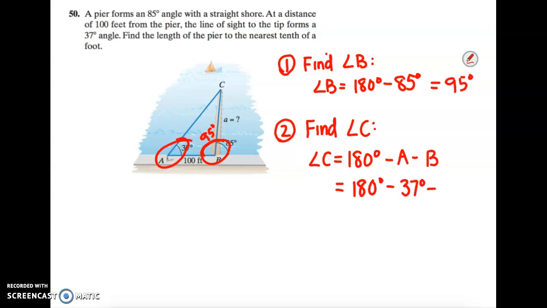Angle B we just found to be 95 degrees. And when we subtract those, we get 48 degrees. So angle C is 48 degrees.